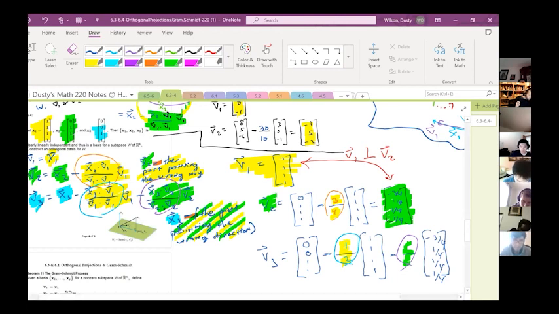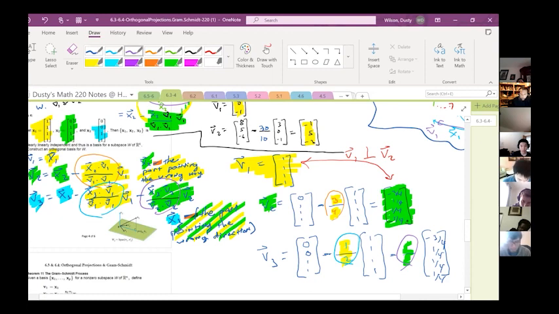Sorry, I'm just checking my own math. The majority says 2/3. Is that right? Sorry, I'm just checking my notes. Let's just do it. I don't want to second guess it. So x3 dot v2, 0, 0, 1/4, and 1/4.